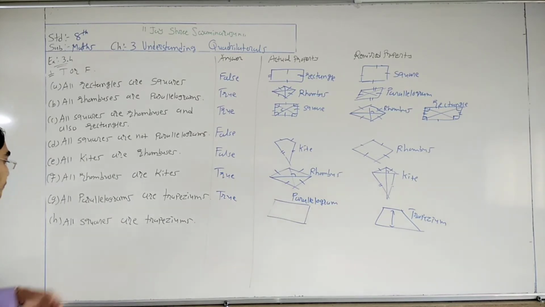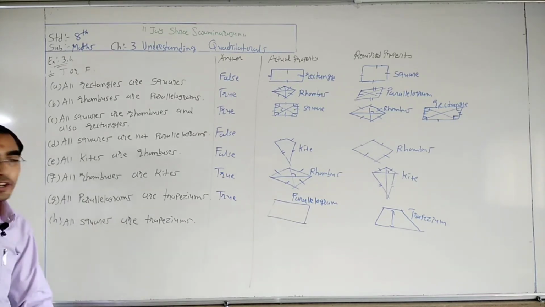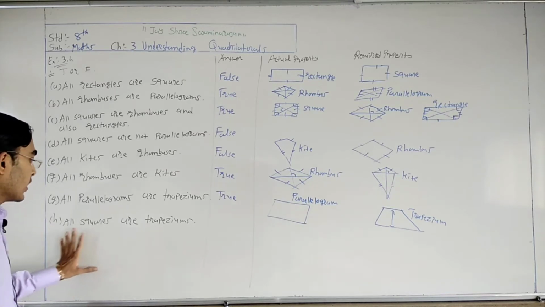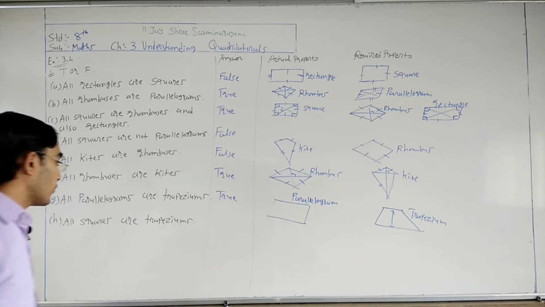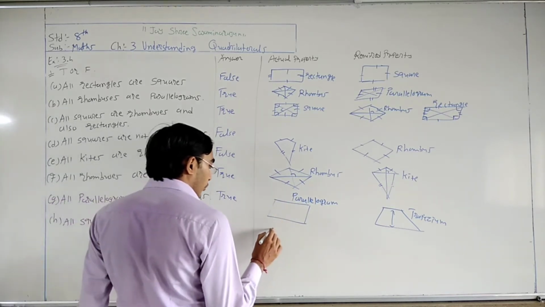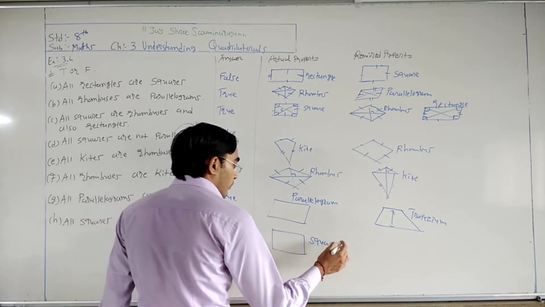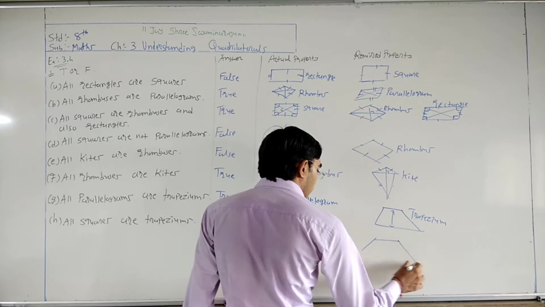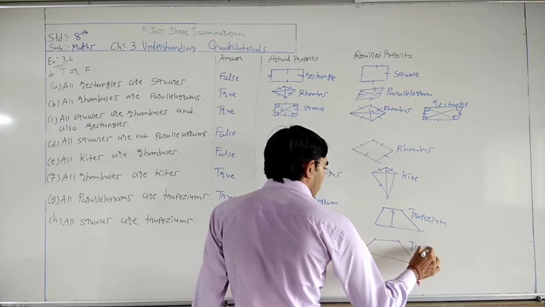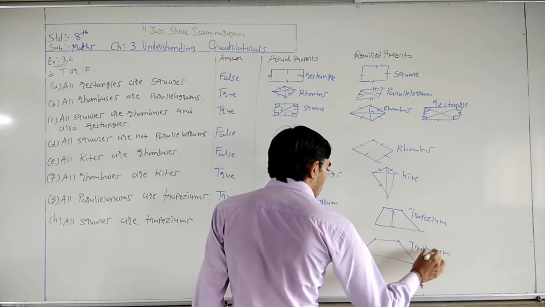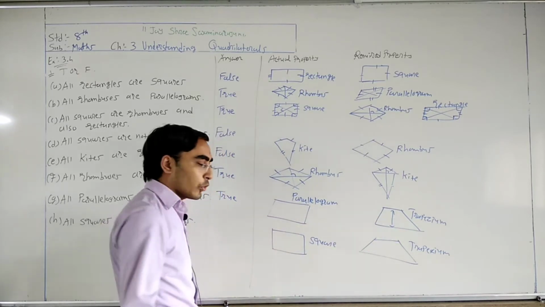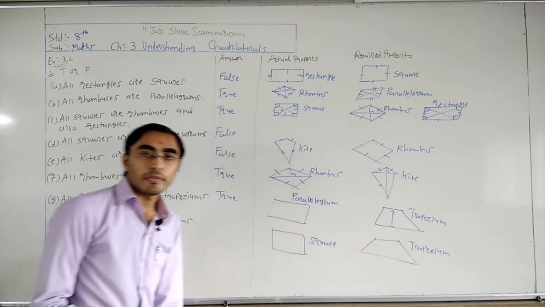Okay. After that, all squares are trapeziums. Now, a square is one type of parallelogram. So if all parallelograms are trapeziums, then definitely all squares are trapeziums.